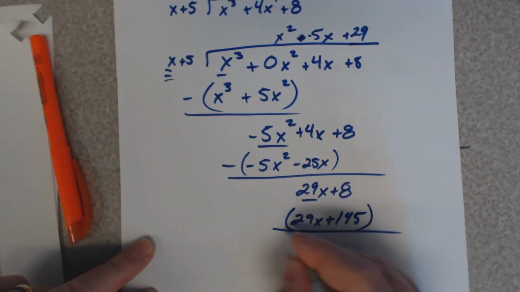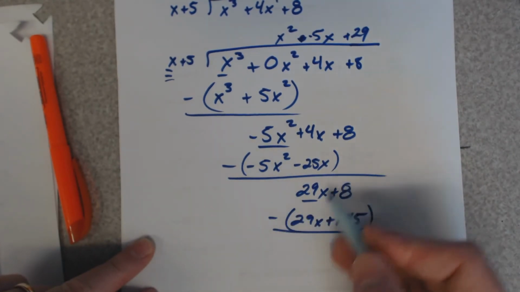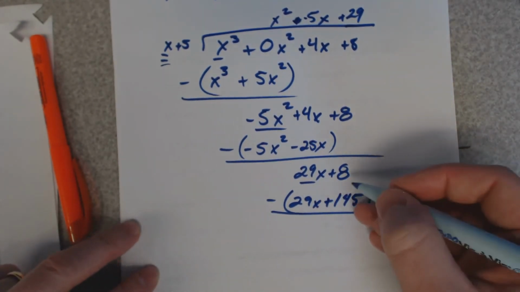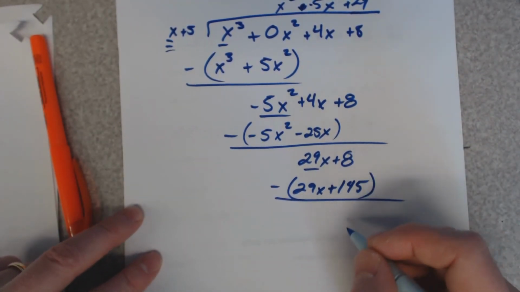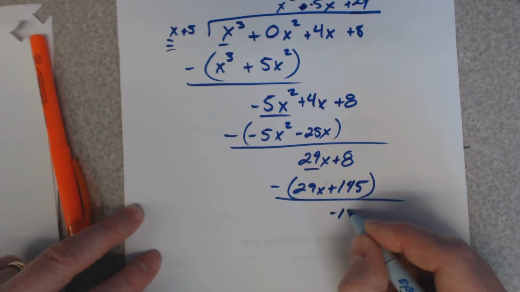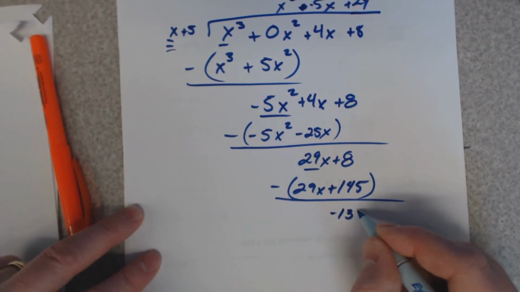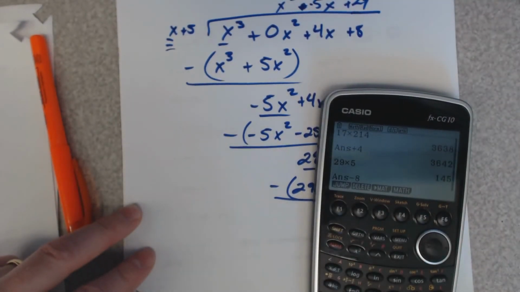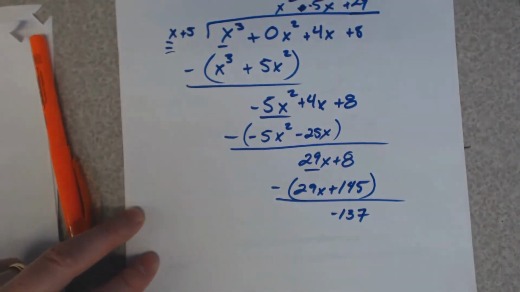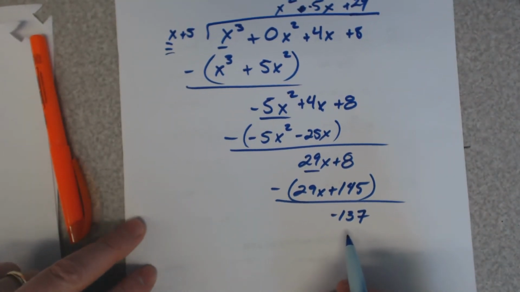And we subtract. 29 minus 29 cancels, which is what should happen every time. 8 minus 145 would be negative 137. Right? 8 minus 145? Yeah, negative 137. So my remainder is negative 137.